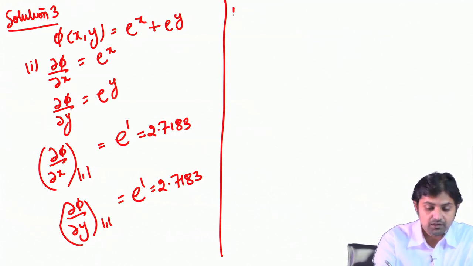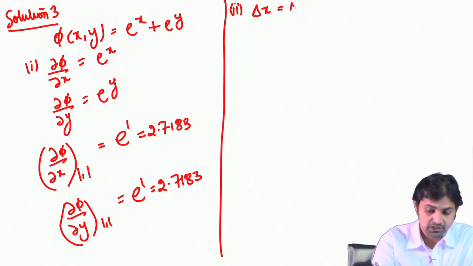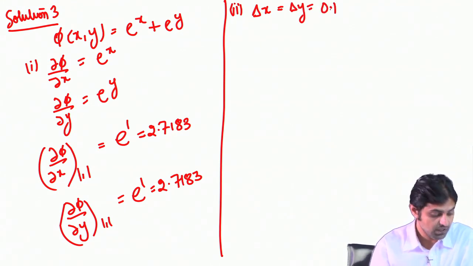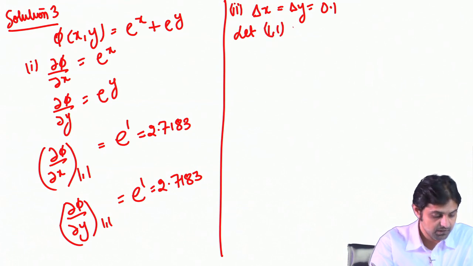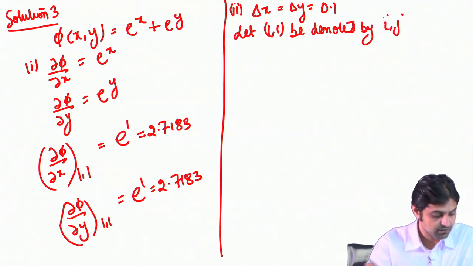In the second part, we have been given that delta x is equal to delta y is equal to 0.1. This is what we have to assume. Let 1 comma 1 be denoted by i comma j.